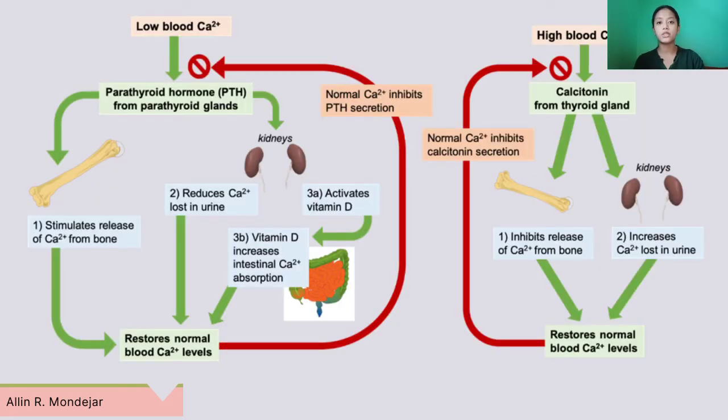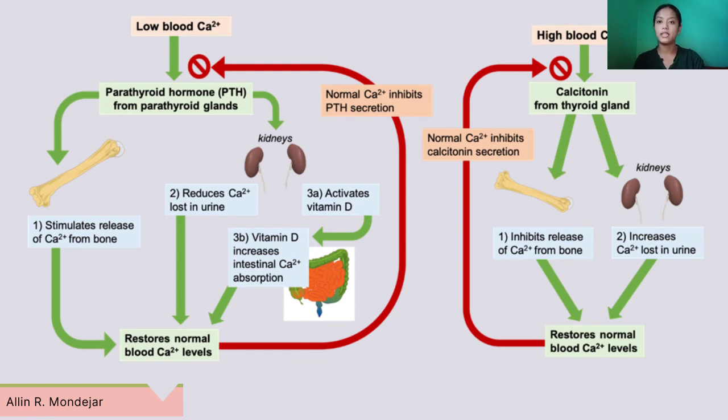From this picture, we can have the acronym PTH for the parathyroid hormone, which means P for puts, T the calcium, H high in the body. PTH will be released by the parathyroid gland only when there is a stimulus of low calcium level in the blood.